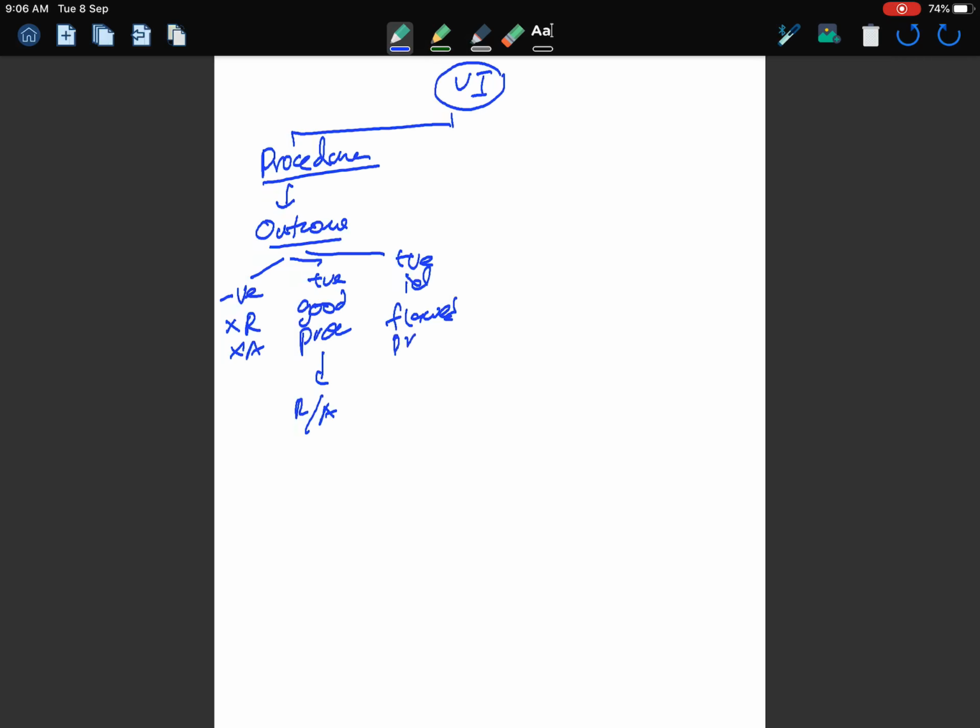You may have positive identification, good procedure, so it will be relevant and admissible. You may have positive identification, but flawed procedure. So this one, you have to look at whether it can be remedied or not.